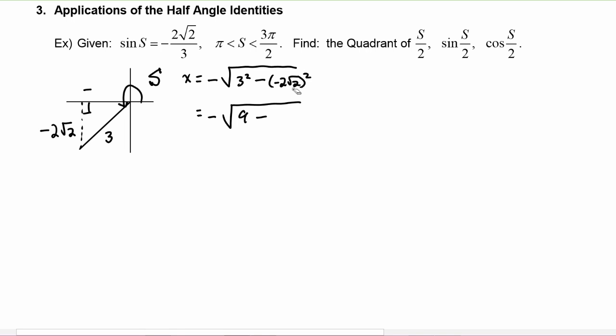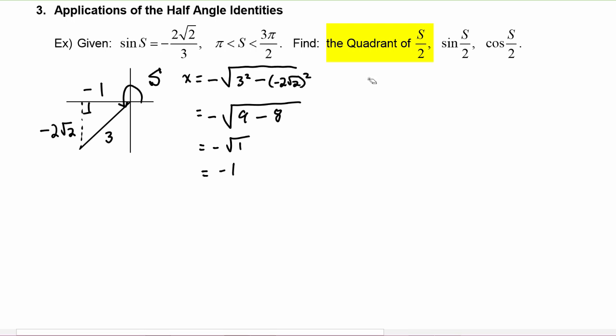Radical 2 squared is 2. So 4 times 2 is 8. We get negative radical 1, which we know is negative 1. So we know our x value is going to be negative 1, and we come over here and get that in the picture. So now we have all three sides of the triangle for angle S.